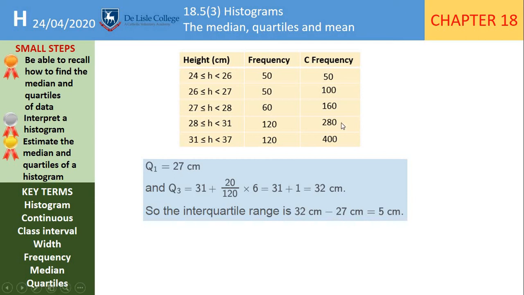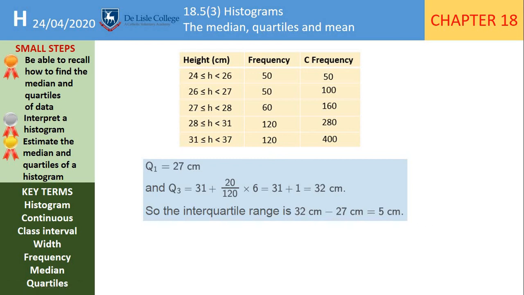As I said, I want the 300th value because that's 3/4 of 400, and the 300th value will be 20 values into this frequency here. So 20 120ths multiplied by the width of the bar, which again gives us 1, and then add it onto the 31 to give us an upper quartile of 32. Then to get the interquartile range, it's the upper quartile subtract the lower quartile to give us 5 centimetres.